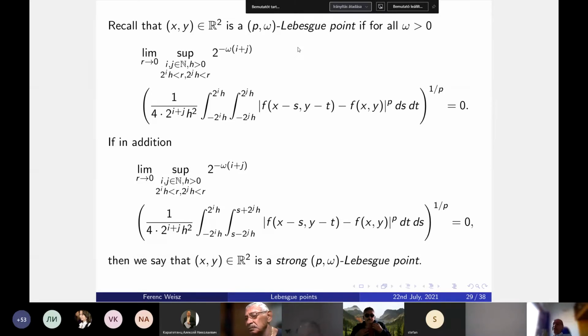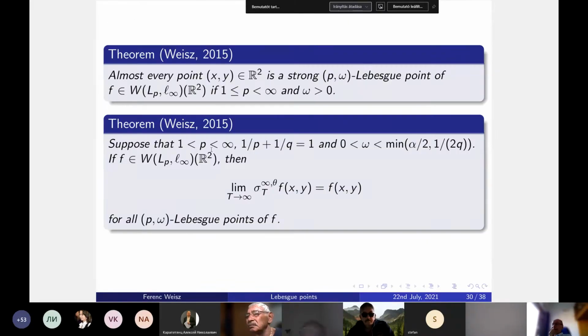If p is greater than 1, let us see the theorem. p is greater than 1, and omega is small enough. I need also this condition. Omega is small enough. If f is in the L_p space, then the cubic theta means converge to f for all p-omega Lebesgue points of f.